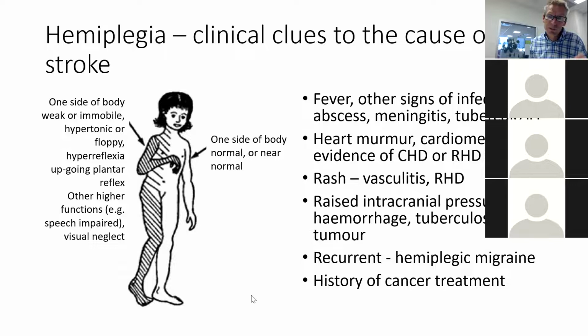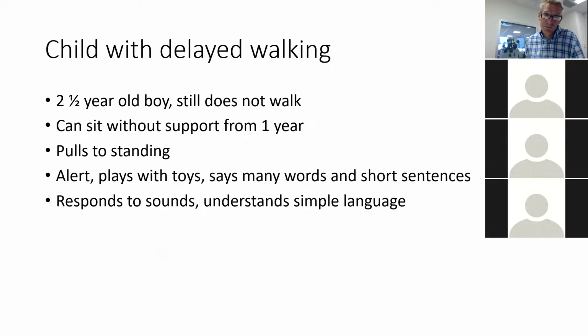So the point is that there are lots of different causes of hemiplegia, and by history and examination, and sometimes by doing simple radiology, just plain x-rays, even looking to see if there are signs of raised intracranial pressure on the x-rays, we can get a pretty good idea of what the diagnosis is, not as well as where it is. And then sometimes, of course, we need to do CT scans or other scans to identify what the lesion is.